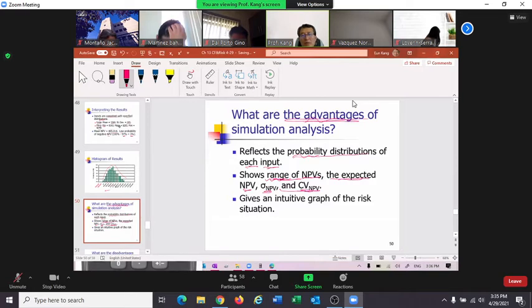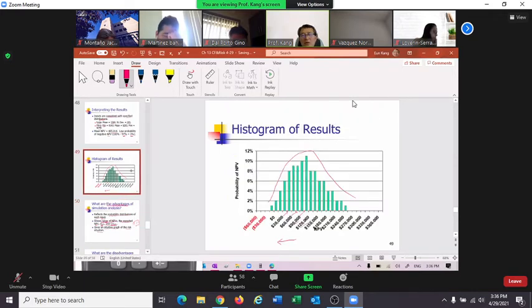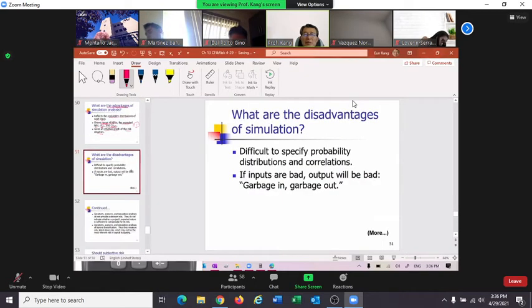Scenario analysis has only 3 cases or even 5 or 7 cases, limited, but this shows the whole range of NPVs. And it gives an intuitive graph of the risk situation. So if you see this result, you see that the project is pretty safe, right? You have almost all positive net present values, 97%. But you also have to know what the disadvantages are.